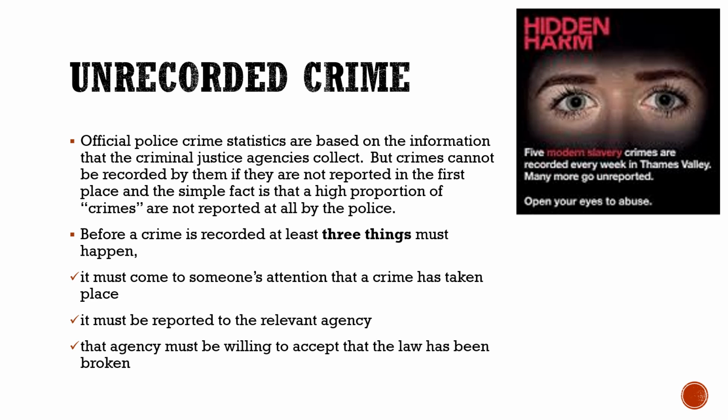And the last thing that then needs to happen is that the agency, such as the police, needs to accept that the law has been broken. One of the largest examples of this is domestic violence. It has long been the case that the majority of domestic violence incidents were not taken seriously by the police.